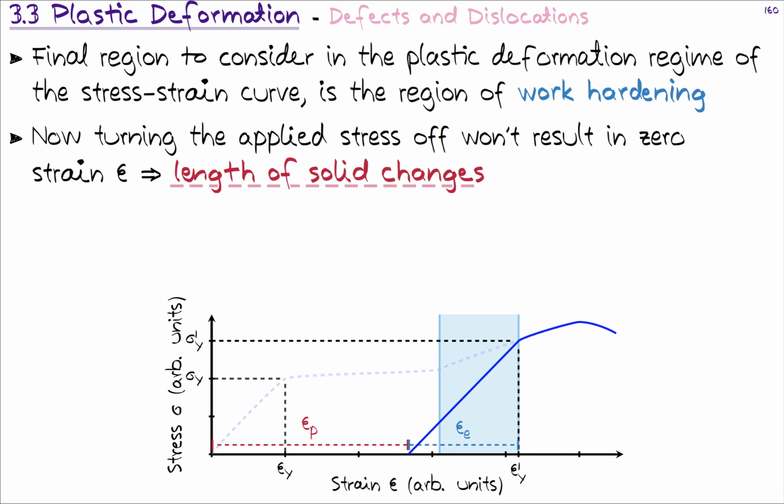And what happens then for the stress strain curve is that we may end up in a situation that we now have a new elastic regime in our material, and we now may have a larger yield stress value that the material can take before we move beyond the elastic regime.